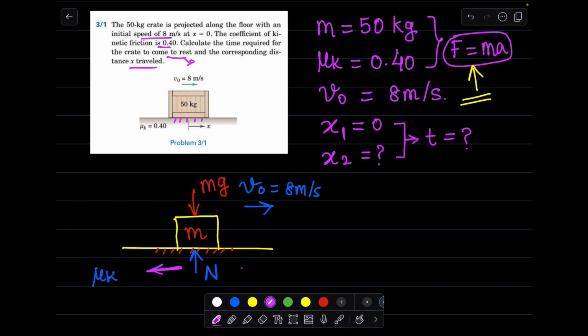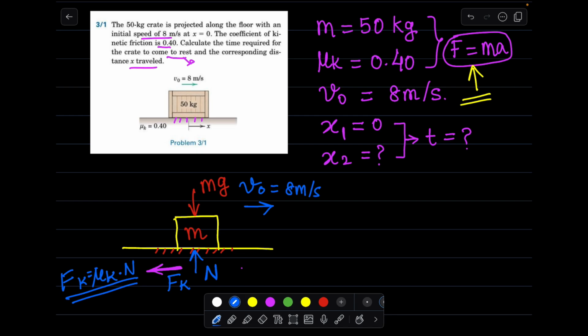So we can write the friction force Fk is equal to mu k multiplied by the normal force. Okay, so this is our Fk. Now we see there is no other force. We have already drawn all the forces working on it.